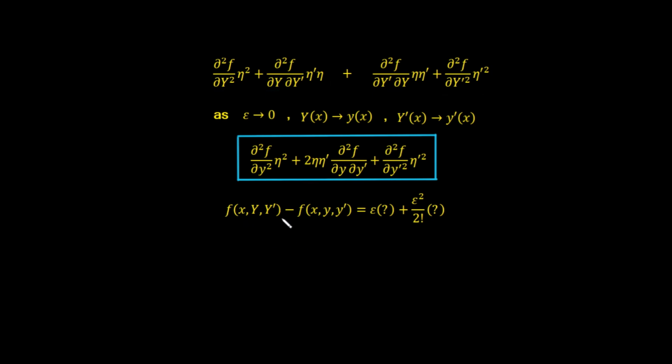We're going to have our functional with the variation added minus the functional, and it's going to be equivalent to the first part of the Taylor series expansion, which in effect would be the first variation, and the second part of the Taylor series expansion, which would be the second variation which we're looking at. So let's go ahead and we'll put the values in and we'll get this final result.